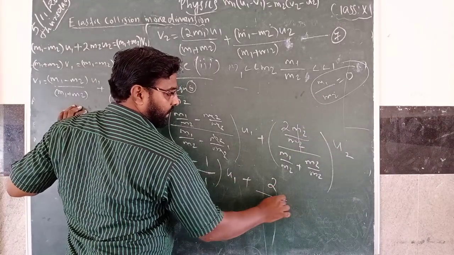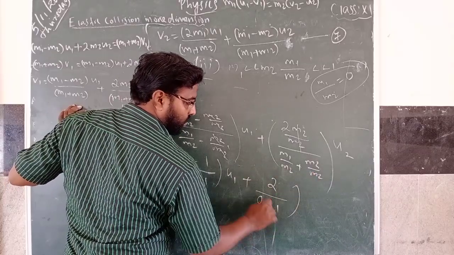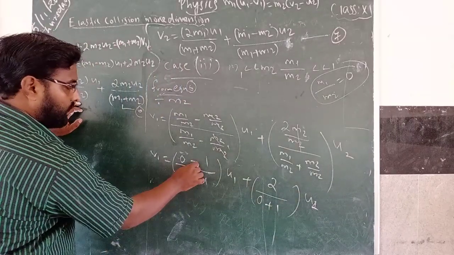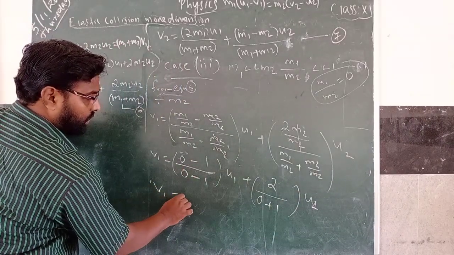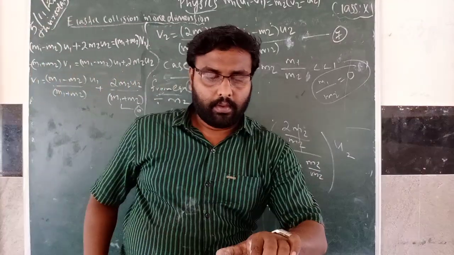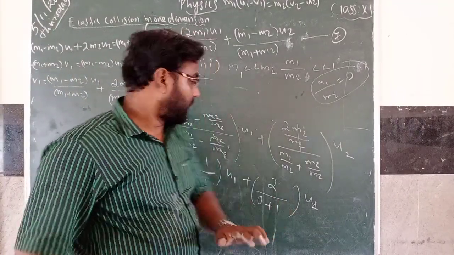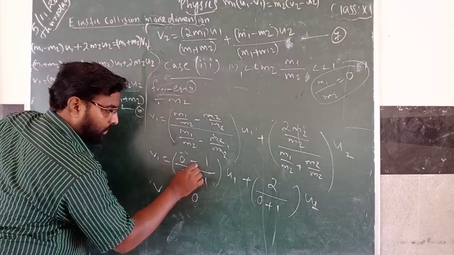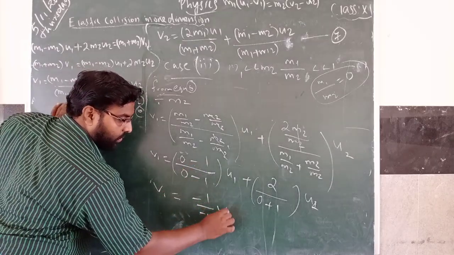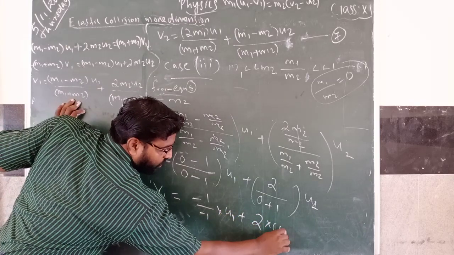So 2 divided by 0 plus 1 into U2. So what we will get? V1 is equal to 0 minus 1 divided by 0 plus 1 into U1 plus 2 into U2.